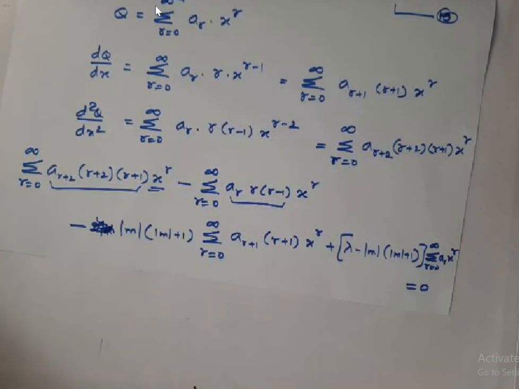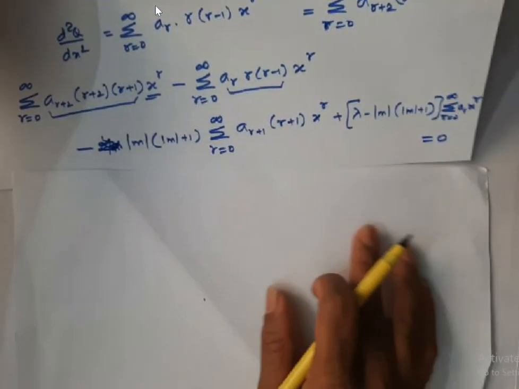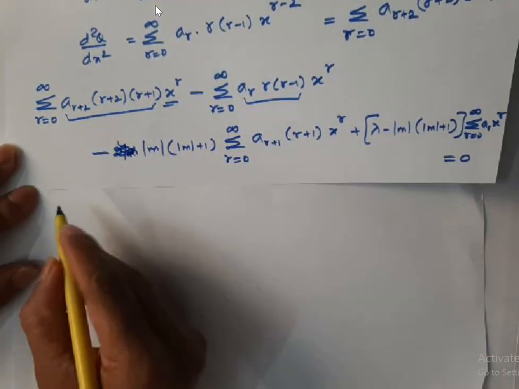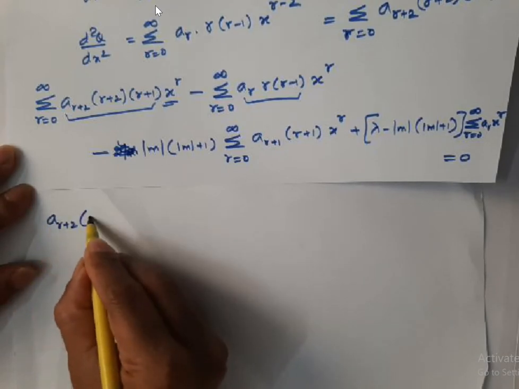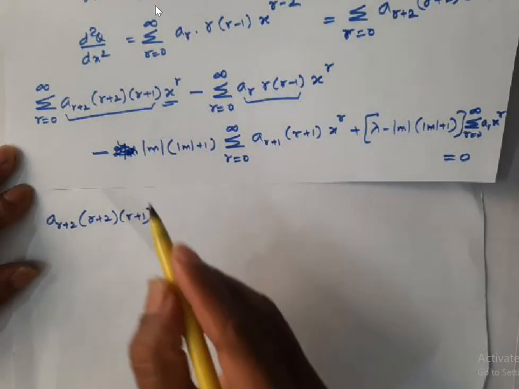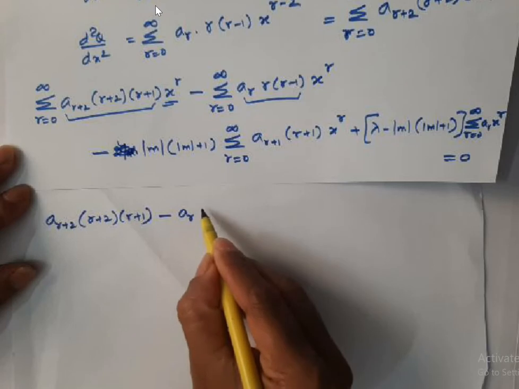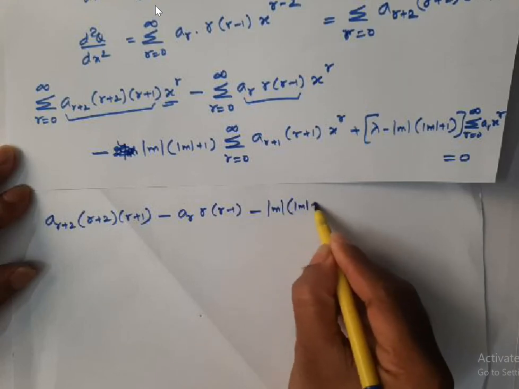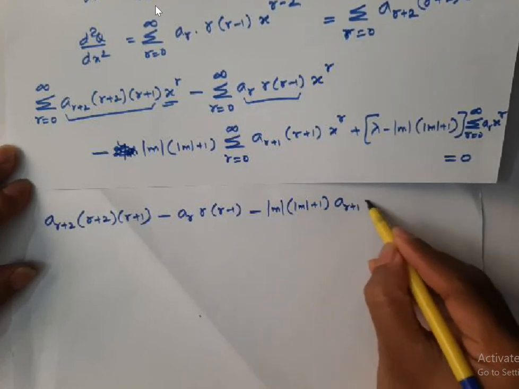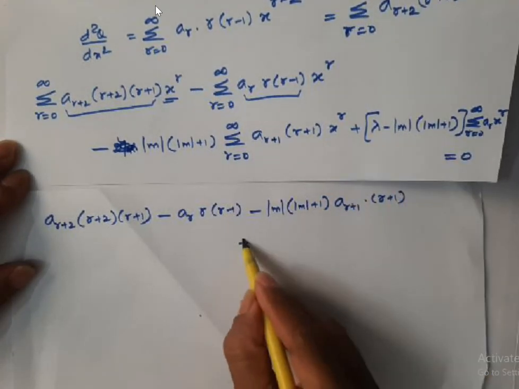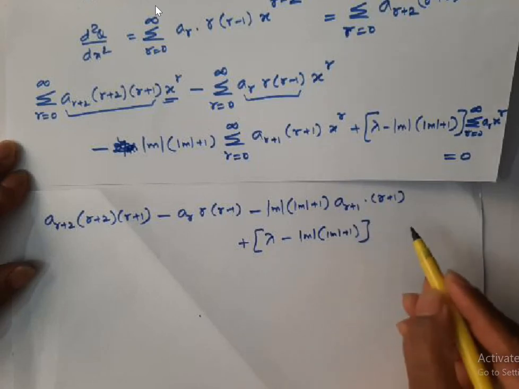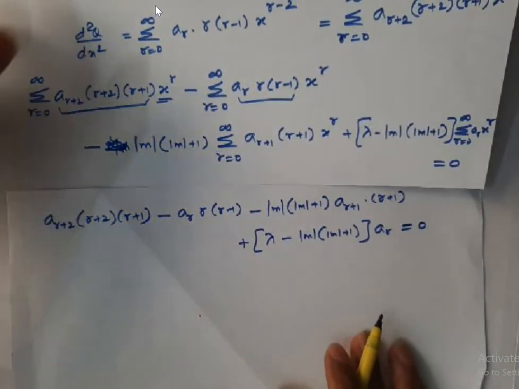So for this to be valid, all the coefficients of x should be 0, which is nothing but a r plus 2, r plus 2 into r plus 1, coefficient of x power r, minus a r into r minus 1, minus modulus of m into modulus of m plus 1 into a r plus 1 into r plus 1, then we have this term, lambda minus modulus of m into modulus of m plus 1 into a r.